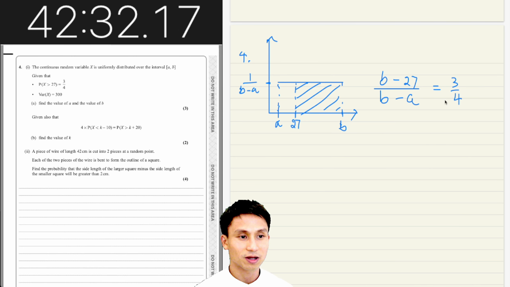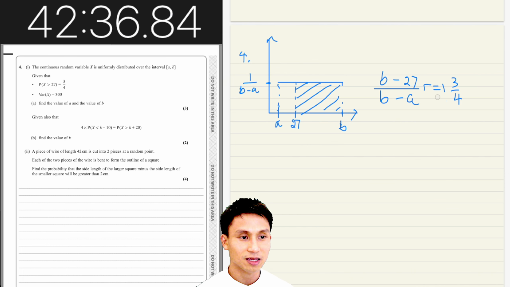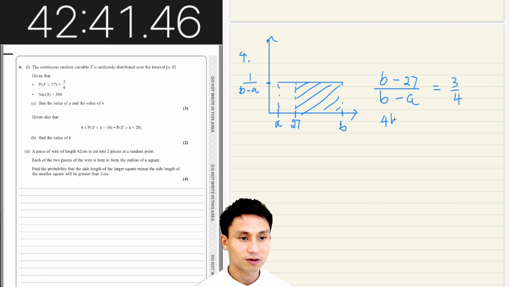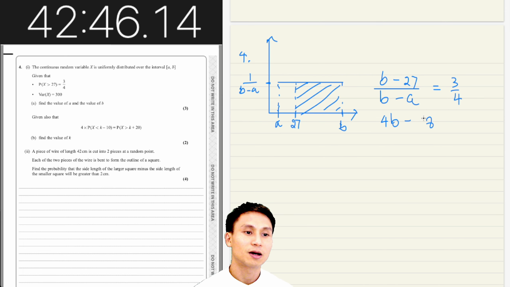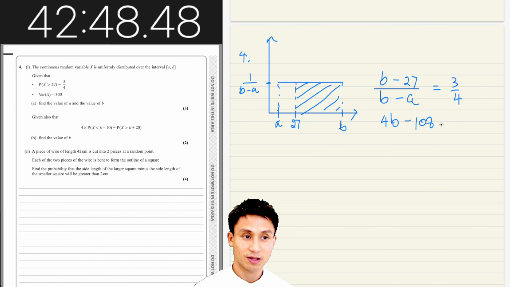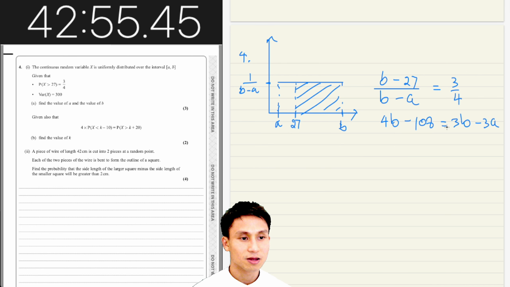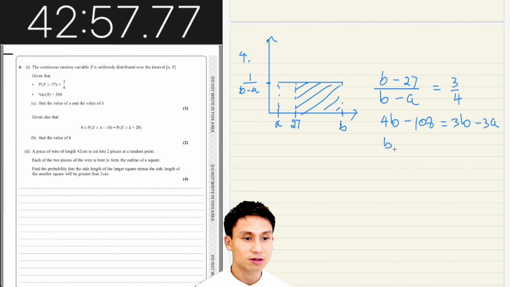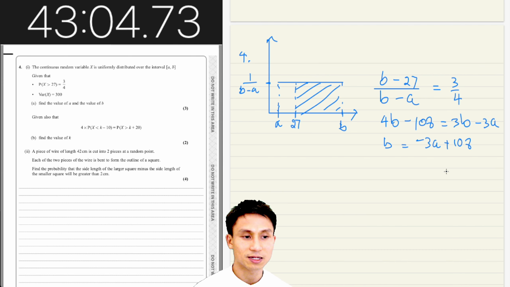So I'm just going to cross multiply here, guys. Very easy technique to just simplify the algebra. So 4 multiplying the left part, 4b minus 4 multiplied by 27 would be 108, right? Yeah, equals b minus a multiplying up there, I get 3b minus 3a. So simplifying, b moved to the left, I get b as the subject. 108 moved to the right, I get minus 3a plus 108.